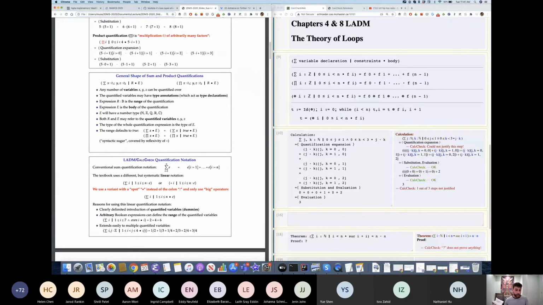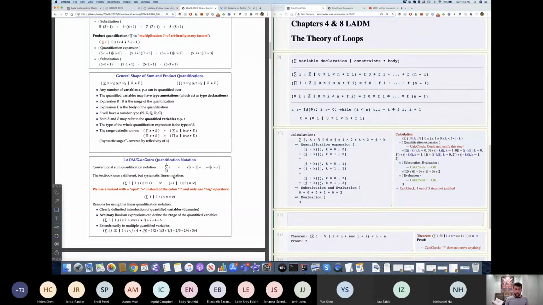You may have seen from your calculus classes and virtually everywhere else, they use this two-dimensional notation. So you have an index, then the symbol, then the constraint. So you have a bunch of stuff in a line, then to the side you have a body. Okay, so it's two-dimensional. Because two-dimensional is not practical in programming, we're just going to have a linear notation.